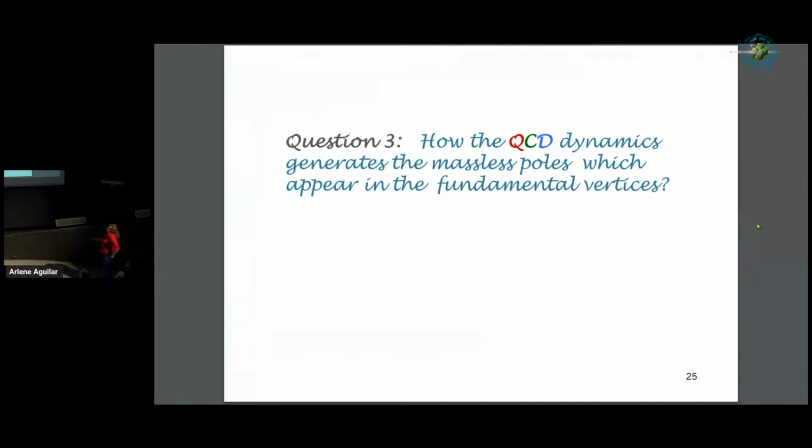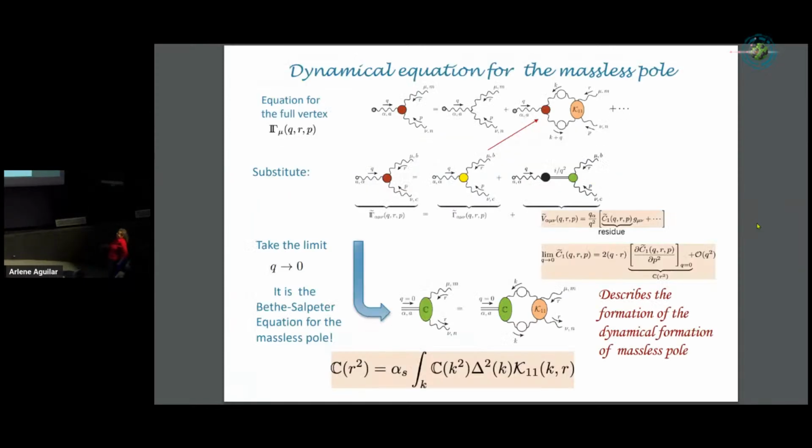The problem now is how the dynamics is going to generate this massless pole. The three-gluon vertex has its own Schwinger-Dyson equation, and I have to check if it allows this massless pole to be created dynamically.